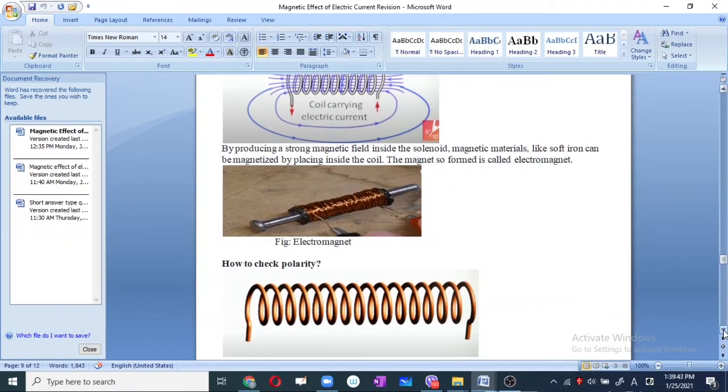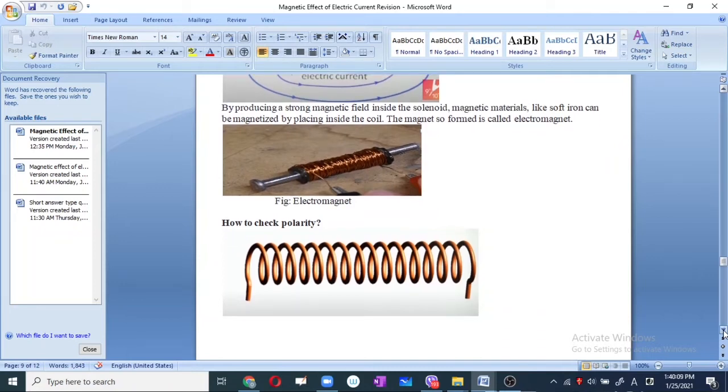So I think electromagnet is clear to you. So how is an electromagnet formed? Whenever a current is passed through a solenoid, and the solenoid consists of a soft iron core material, then that material can be magnetized, and hence formed is an electromagnet.